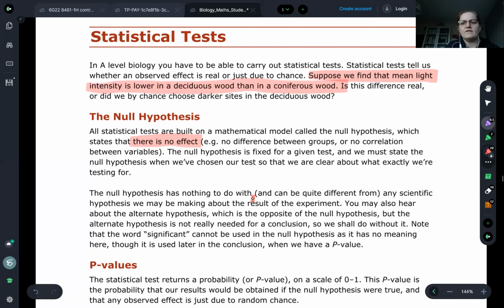My null hypothesis for this could be something along the lines of: there is no difference in light intensity between the two types of wood.